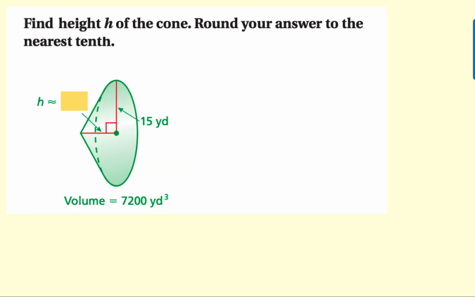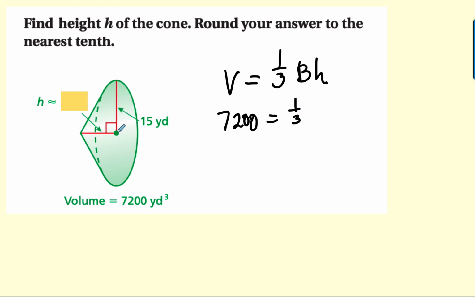All right, let's go ahead and do it again. This time, volume is equal to 1/3 the area of the base times the height. 7,200 equals 1/3. Then our radius is 15, so that'll be pi r squared, 225 pi, and then times h.